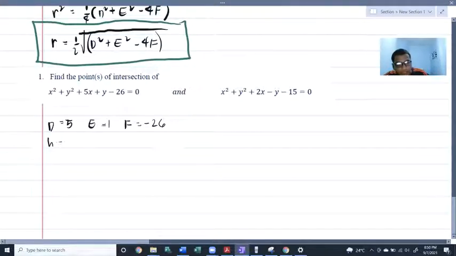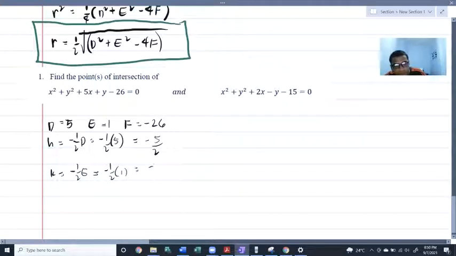So that our h is equal to negative 1/2 d, which is equal to negative 1/2 times 5. We have negative 5 over 2. Our k is equal to negative 1/2 e, which is equal to negative 1/2 times 1. We have negative 1/2, and our r is equal to 1/2 times the square root of d squared plus e squared minus 4f.